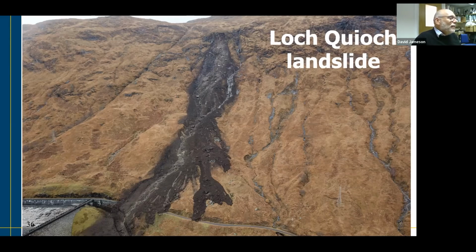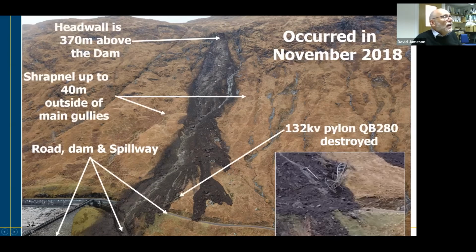This is really quite an interesting project because of the size of it. The failure initially occurred in 2018, and materials from a head wall rock slope right at the top of the valley, some 370 meters above the road level, failed.